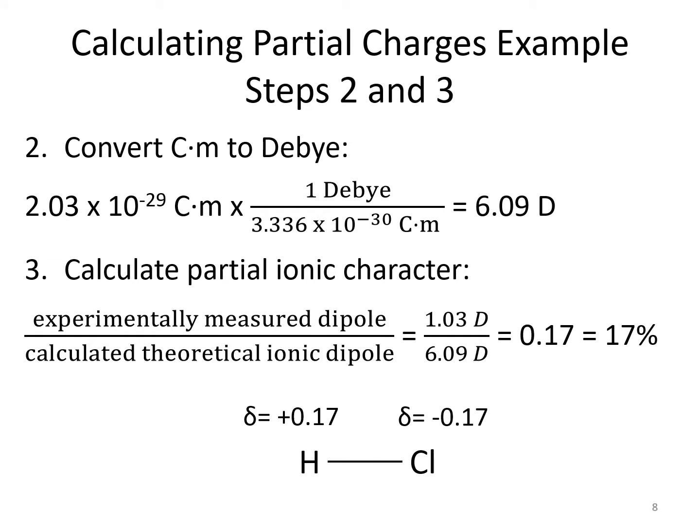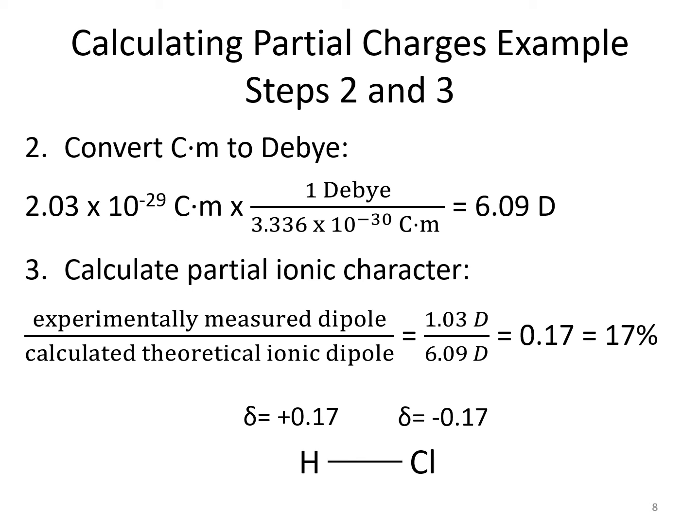Once we have our dipole moment in coulomb meters, we convert to debye using a conversion factor, which again would be given to you in the problem. Just make sure that the units cancel out properly. We come out with 6.09 debye for the value of the dipole if the electron were completely transferred. To find the partial ionic character, we take the 1.03 debye experimental dipole, which was given to us in the problem, and divide by our calculated 6.09 debye dipole.